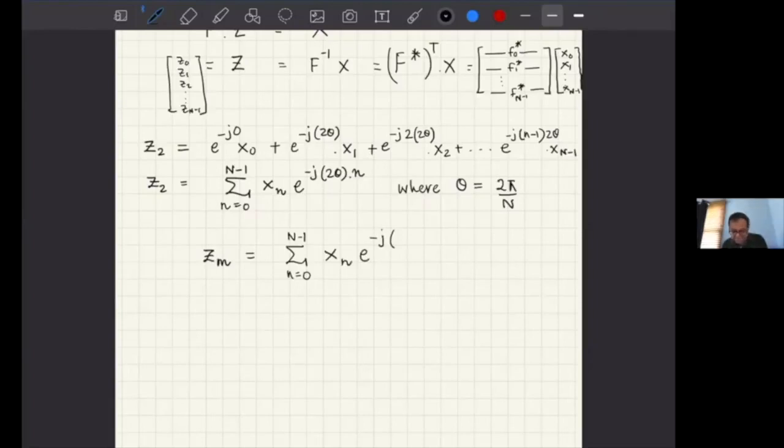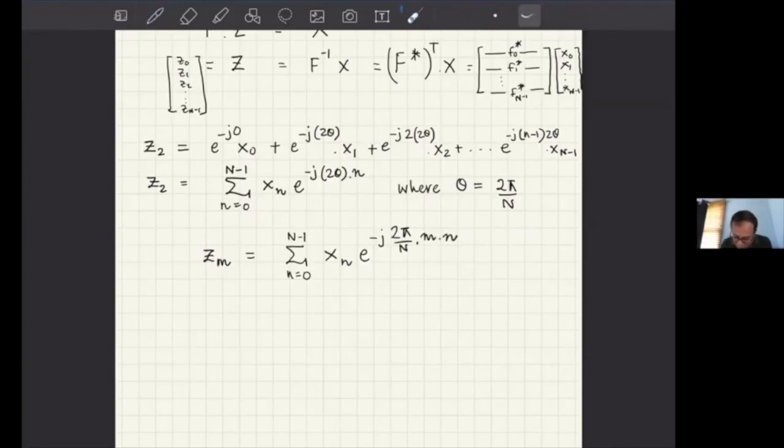Now look, because this is m, this should be m theta, and theta is 2 pi by n. So m times 2 pi by n times n. And I'm going to just reorder them and write it cleanly as minus j 2 pi by n times mn.